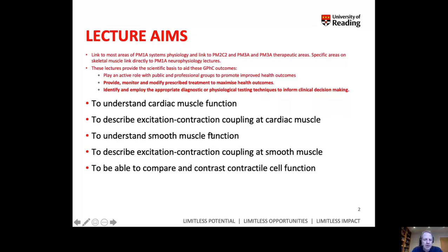We'll then go on to talk about smooth muscle function and EC coupling in smooth muscle, and the lecture aims overall are to be able to compare and contrast contractile cell function. So to know the differences between skeletal muscle, cardiac muscle and smooth muscle, in particular in terms of how they're involved in excitation contraction coupling.